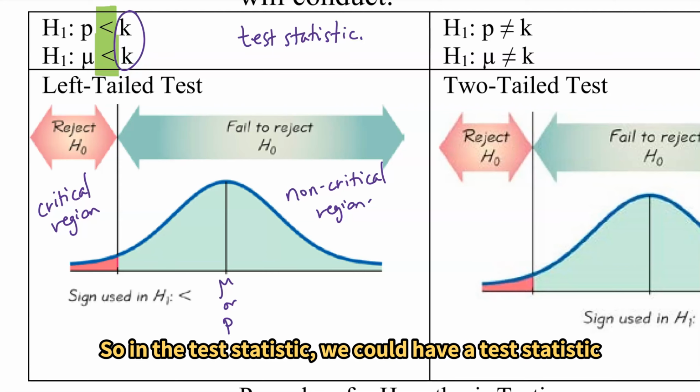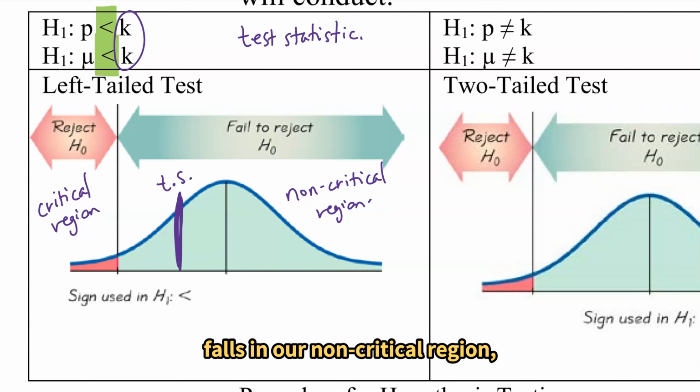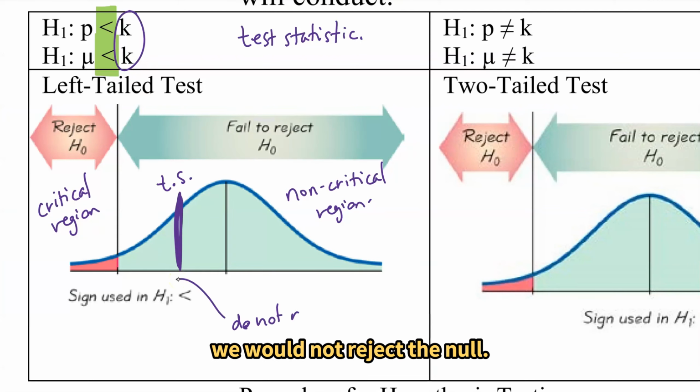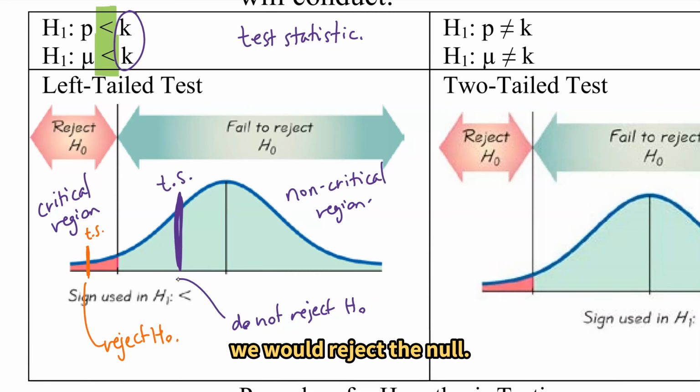So in the test statistic, we could have a test statistic that falls here. If the test statistic falls in our non-critical region, we would not reject the null. But if our test statistic falls in the critical region, we would reject the null.